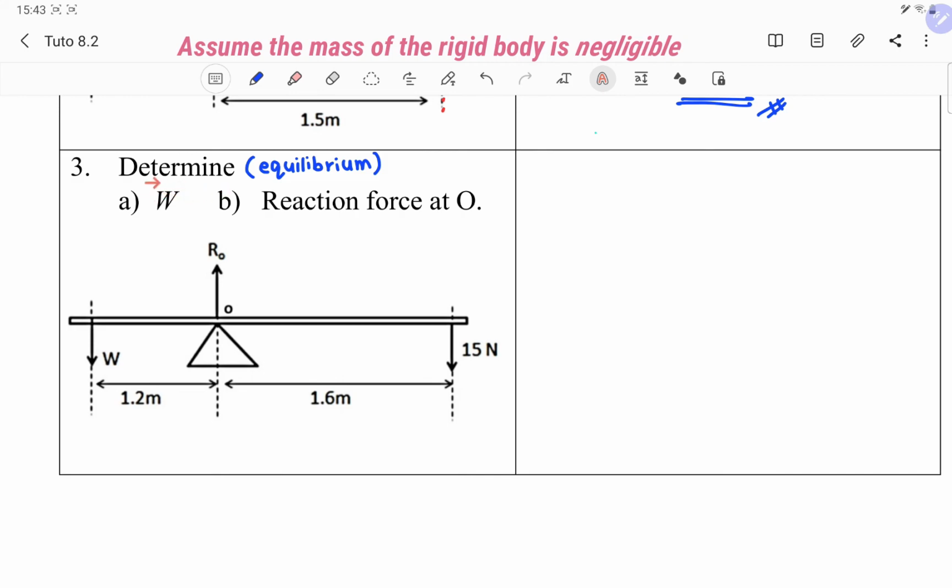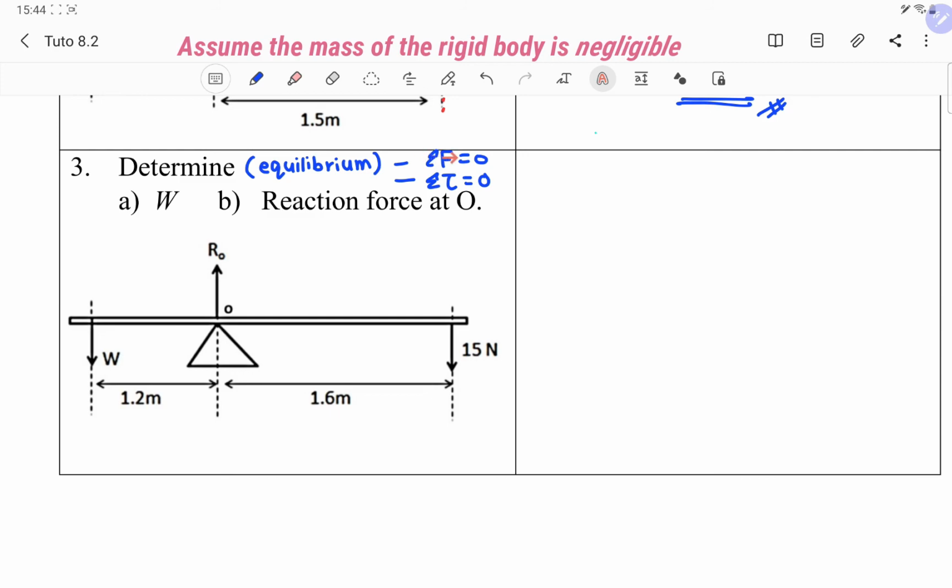Okay, number 3, determine W and the reaction force at O, assuming that this rigid body is in equilibrium. So we assume it is in equilibrium, in which the summation of F equals 0 and summation of torque equals 0. For this kind of question, to solve the unknown, we can start our calculation using these two.